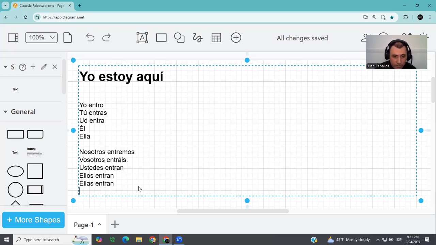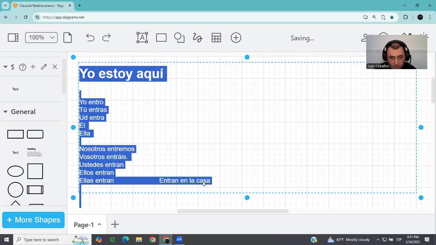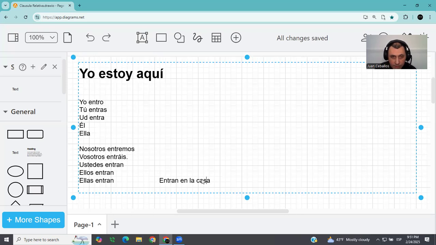So I'm giving you the same example I gave before. If you tell me entran en la casa, I'm not going to understand what you're trying to say. Okay? This is because entran can have three different meanings or three different grammatical persons.